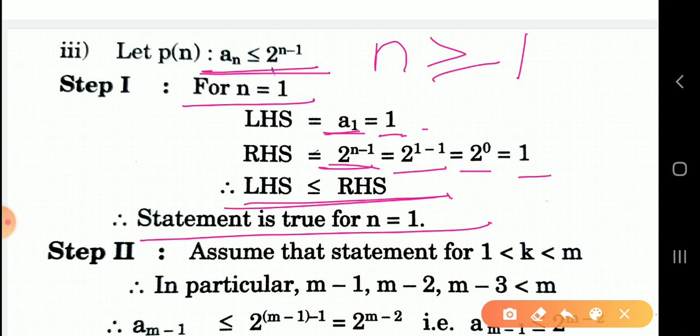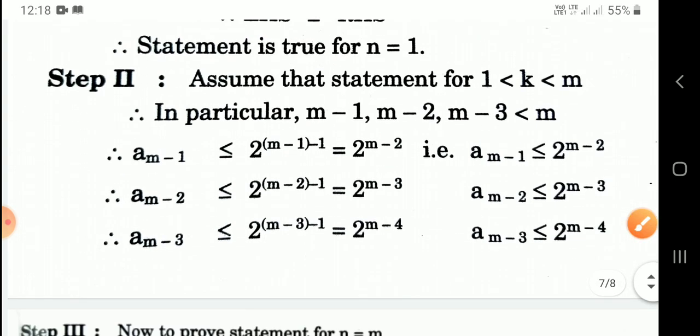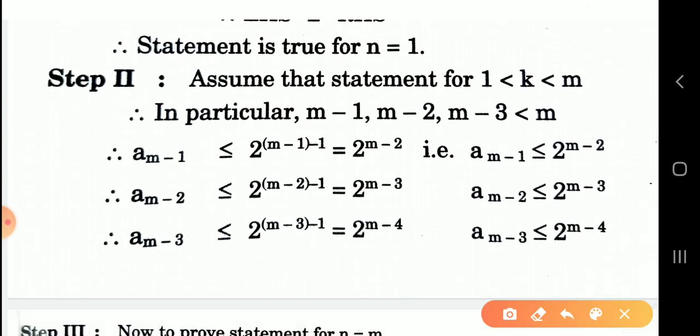Okay. Now we assume that our statement is true for 1 less than k less than m. Our statement is valid, that means for less than m terms our statement is valid. So in particular for m minus 1, m minus 2, m minus 3, all terms are less than m, so our statement is valid for those terms. That means we get am minus 1 is less than or equal to 2 raised to m minus 1 minus 1.